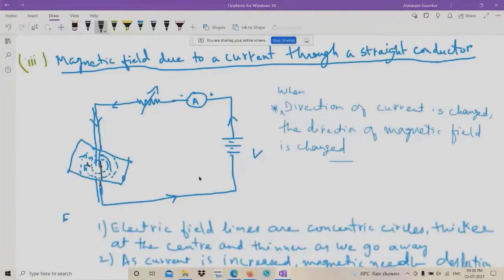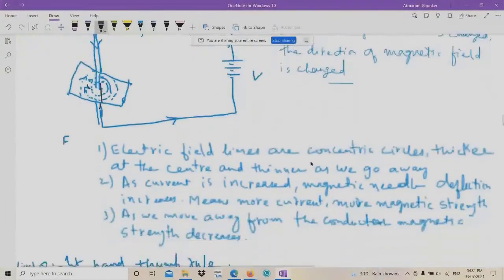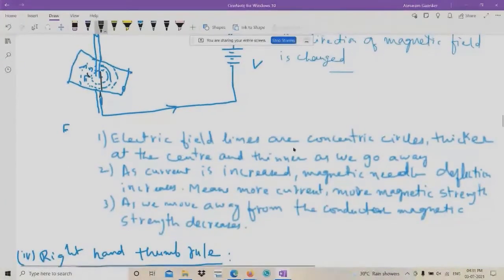So when the direction of current is changed, the direction of the magnetic field is also changed. This is one point you have to remember. Second point, the field lines are concentric circles, thicker at the center and thinner as we go away from the conductor.